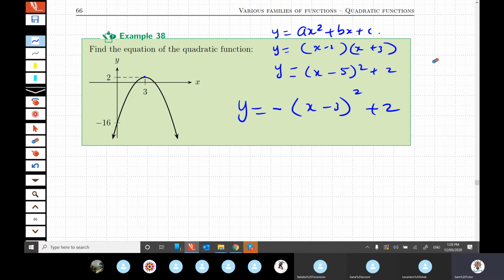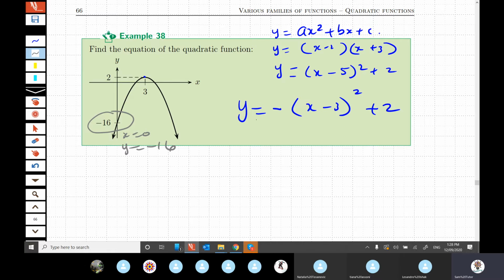Now, you're not done. What do you have to double check? Minus 16. This bit here. You specifically know that when x is 0, y should be negative 16.